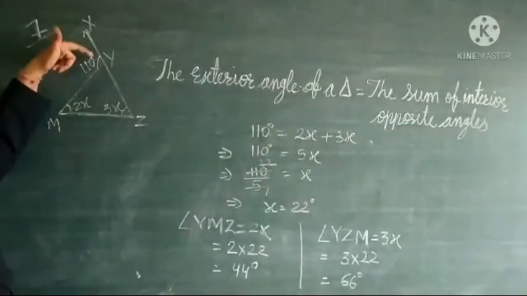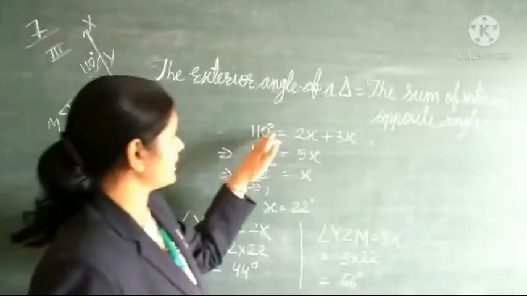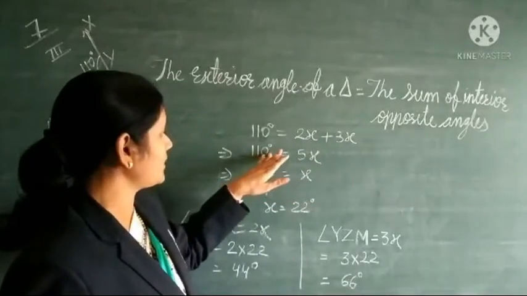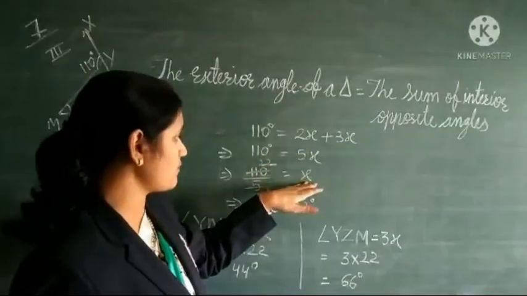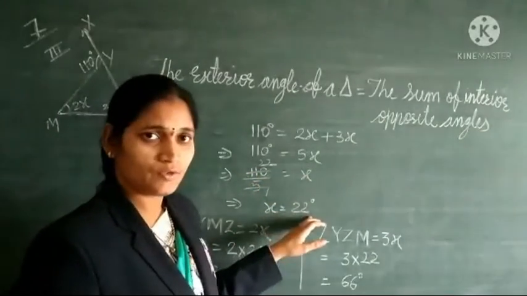Means this angle is equal to 2x plus 3x. So 110 is equal to 2x plus 3x. Then 110 is equal to 5x. So the value of x is 110 divided by 5. So we get x is equal to 22 degrees.